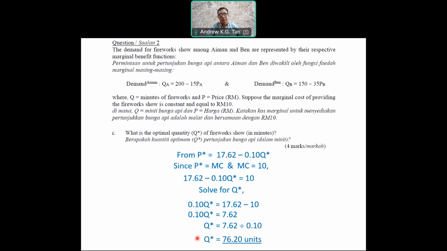Q star is equal to 76.20 units or 76.20 minutes of fireworks show. 2 marks if you successfully equate P star is equal to MC, and 2 marks for finding the minutes of fireworks show. Q star is equal to 76.20 units or minutes.